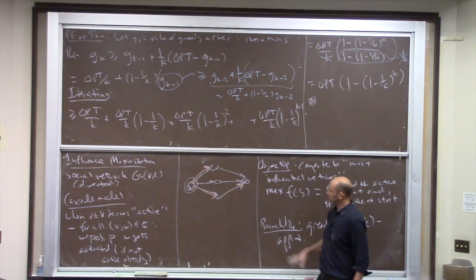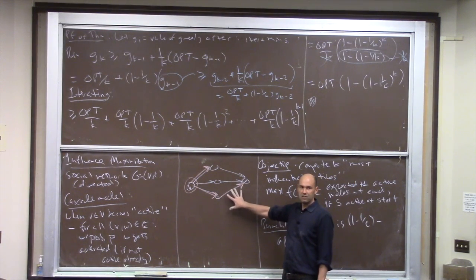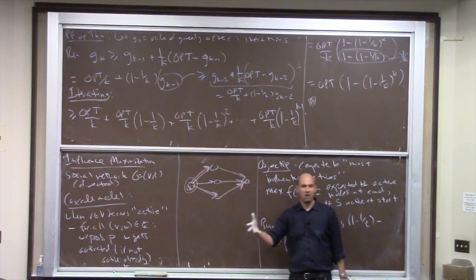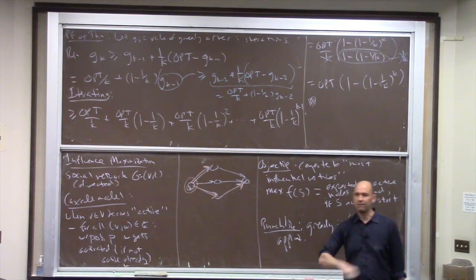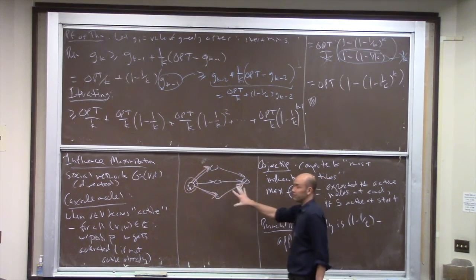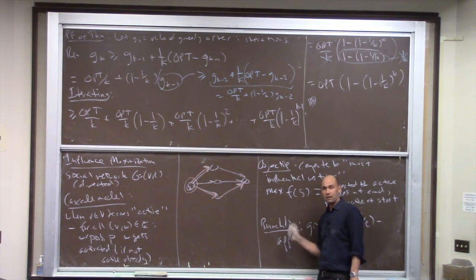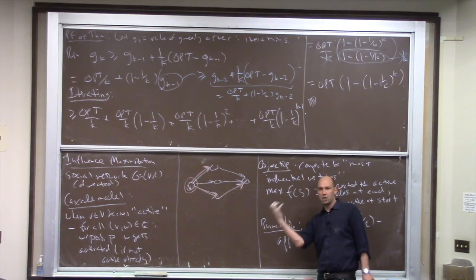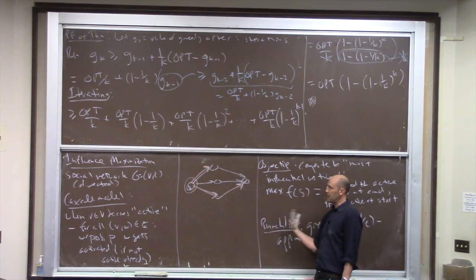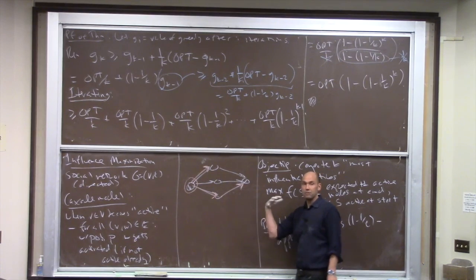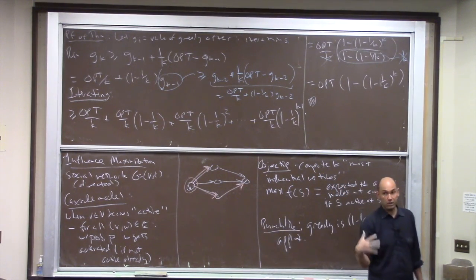The basic reason is that if you think of the process where you're just flipping coins for all of the edges, and the question is just how many vertices there are paths to, you realize that after you've flipped the coins for all of the edges, this is literally a coverage problem, where the sets correspond to who can be reached from some vertex. If some vertex has paths to 20 different vertices, that corresponds to the cardinality of the set. Maximizing the number of people that you reach is exactly the same as the coverage problem with those definitions of subsets.